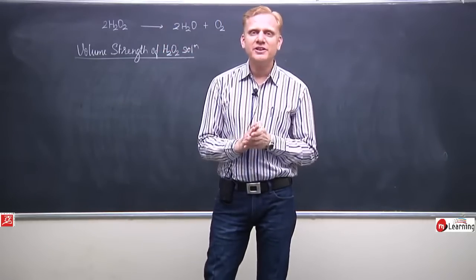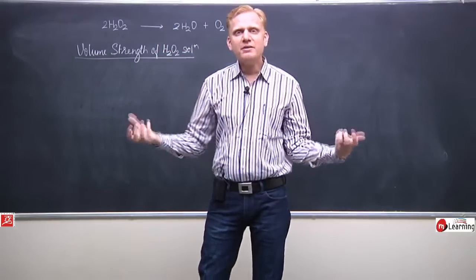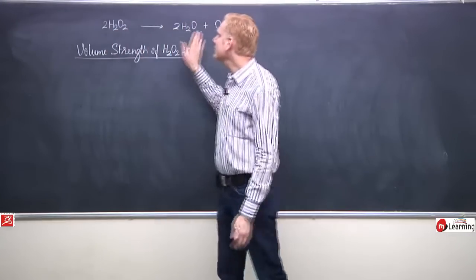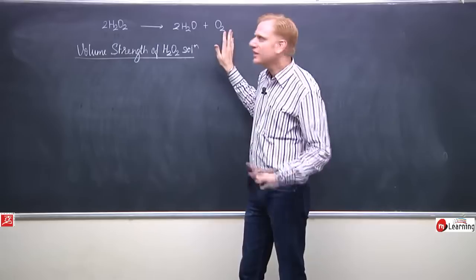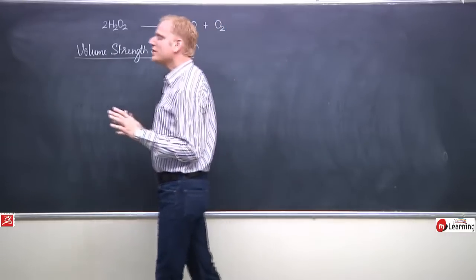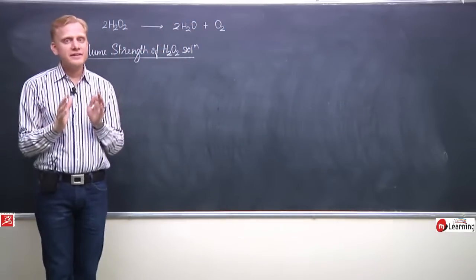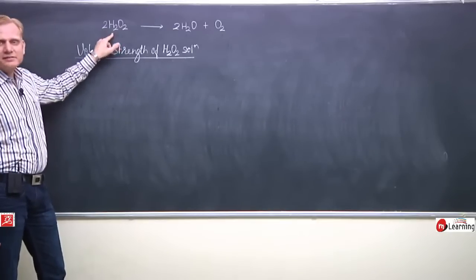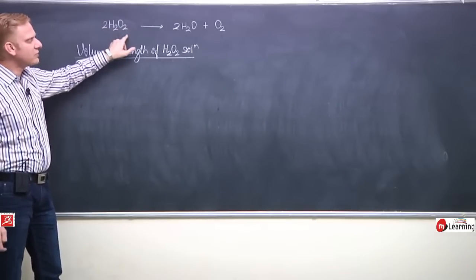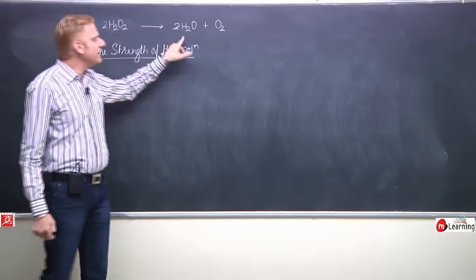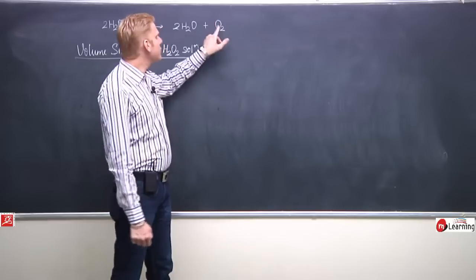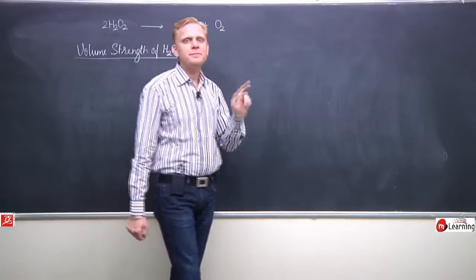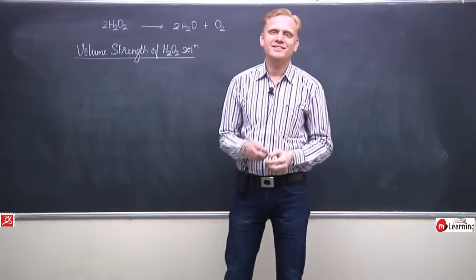In the standard condition of temperature and pressure, the volume occupied by 1 mole of any gas is 22.4 liter. Right? Now, I am combining these statements. Just try to focus on the statement, on the language. A solution which contains 2 moles of hydrogen peroxide will liberate 22.4 liter oxygen at STP on decomposition.